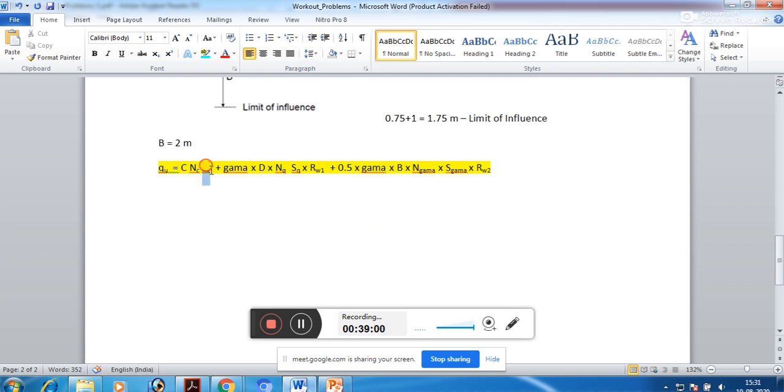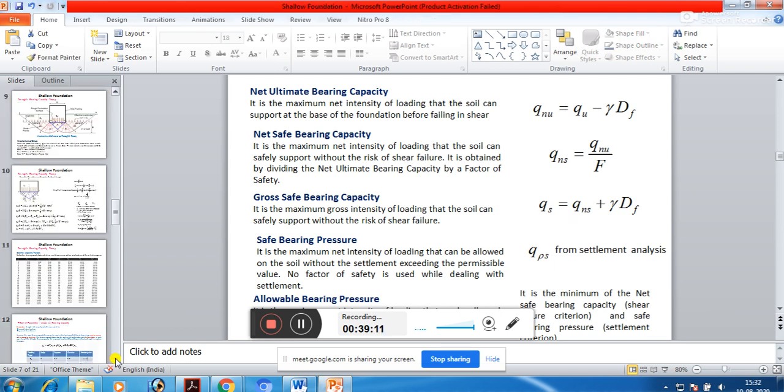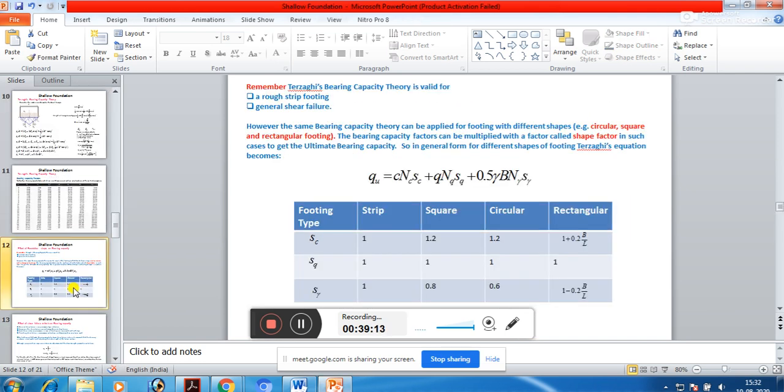Your shape factors SC, SQ and S gamma, all these three factors will become equal to 1, and that's what you see in the presentation also. When we discussed these shape factors, what we said is, when the footing type is strip, the values of SC, SQ, S gamma are 1.